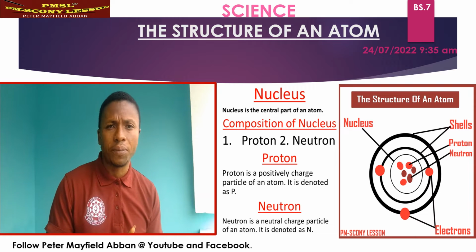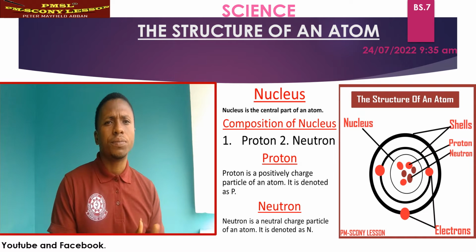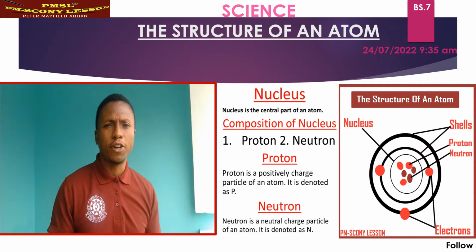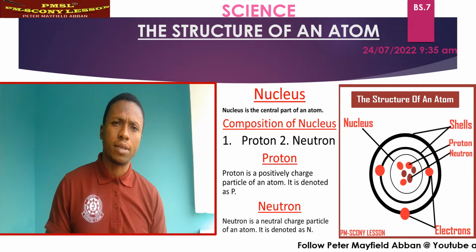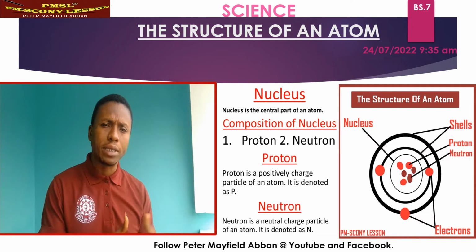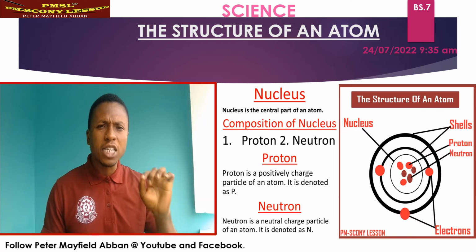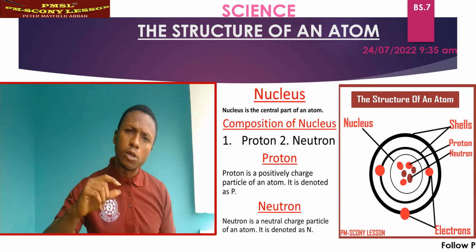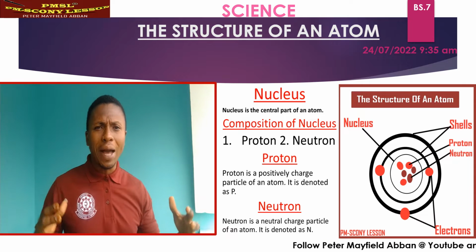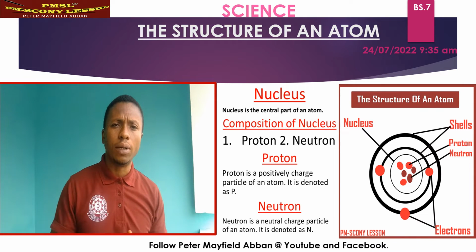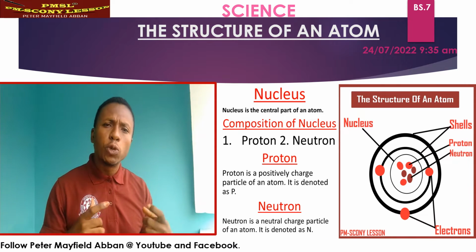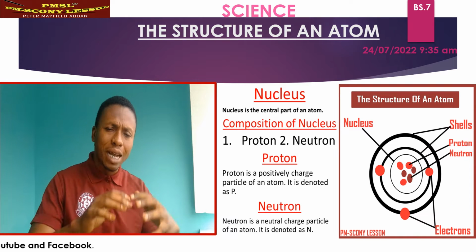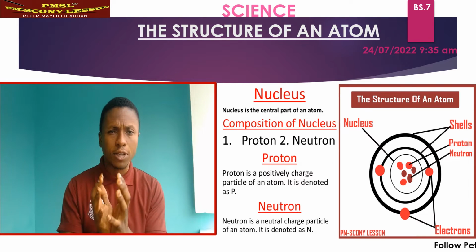If you can see from the diagram on the side of my PowerPoint, or on the side of my video, the central part of an atom is the nucleus. And inside the nucleus, you could find protons and neutrons. These two subatomic particles come together to form the nucleus.